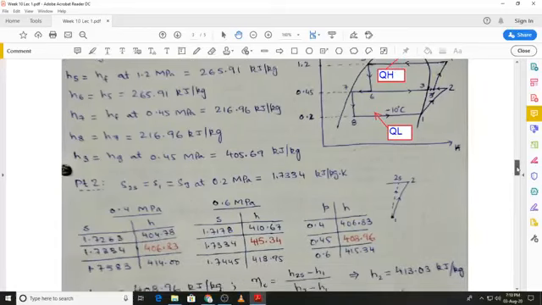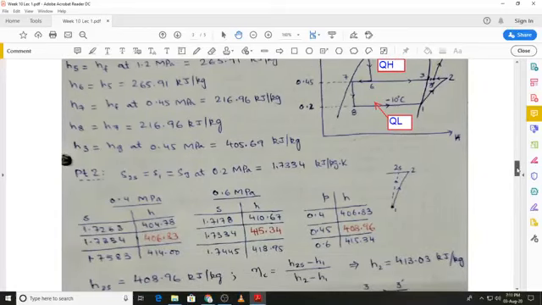Now look at how we will find out the enthalpy at state 2. If we look at this small representation over here, 1 to 2s shows the process if it was isentropic, and because the actual process is not isentropic, it causes an increase in the enthalpy as compared to the enthalpy at state 2s.